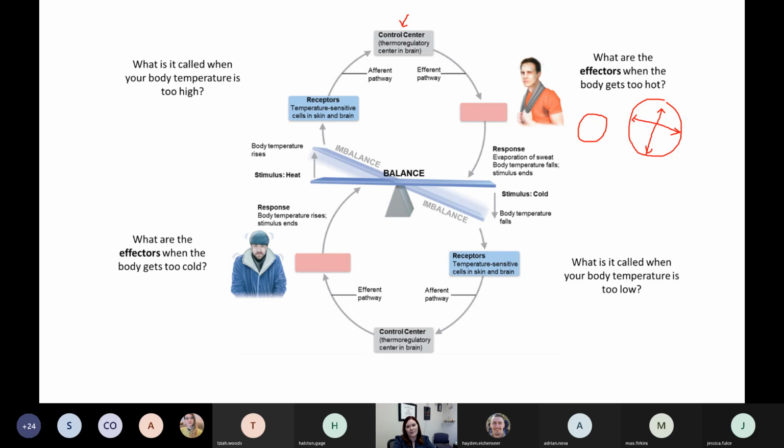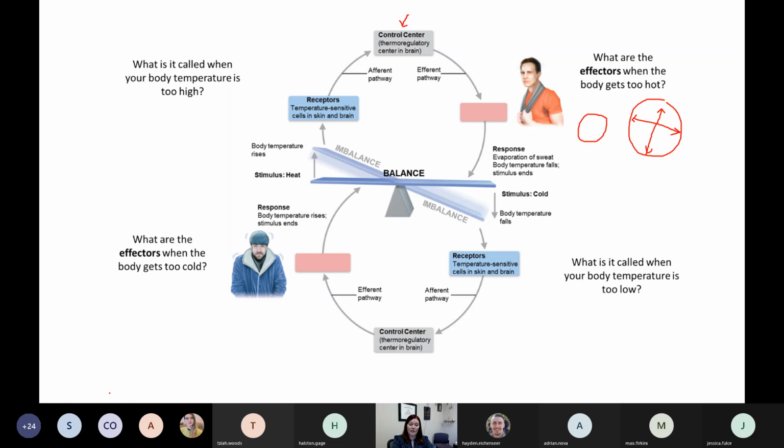Vaso means blood vessels. Dilation means making them bigger. Vasodilation means that more blood will get sent to your skin, and when the blood is close to your skin, it can radiate off its heat into the environment. So when I'm too hot, the two ways I'm going to lose heat. Number one, watery sweat from the eccrine glands. Number two, vasodilation, where I make my blood vessels bigger. I dilate them.